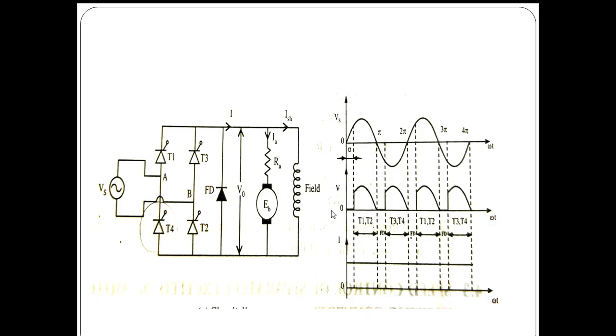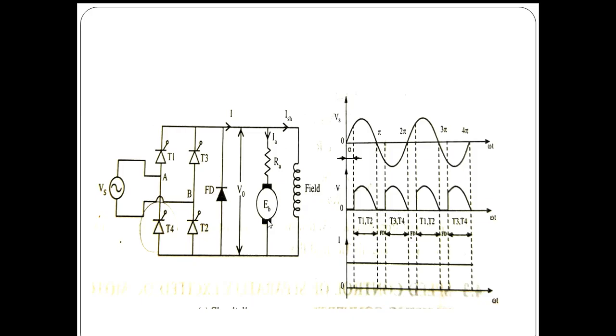Assume the motor armature circuit and the shunt field have sufficient inductance, and it will drive current through the freewheeling diode during the small portion pi to pi plus alpha. With the conduction of the freewheeling diode the current will flow in the motor circuit in this closed path.